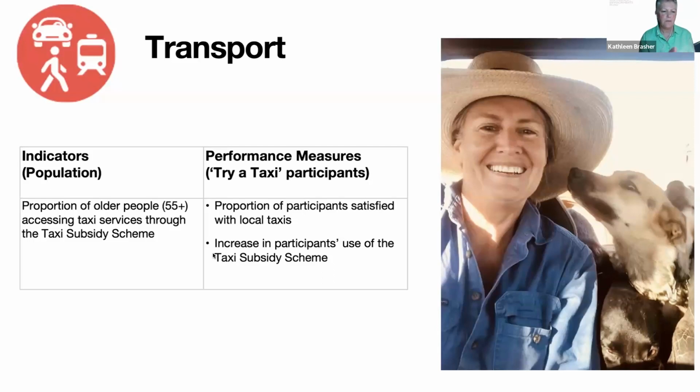You'll note that one of the measures is very similar to the population level indicator, which shows how connected these things are. But for the performance, we're only going to collect data from those participants who directly took part in our program.